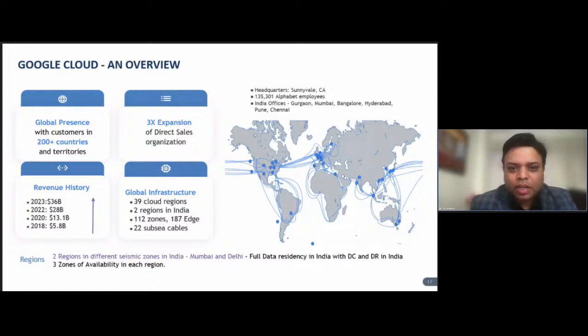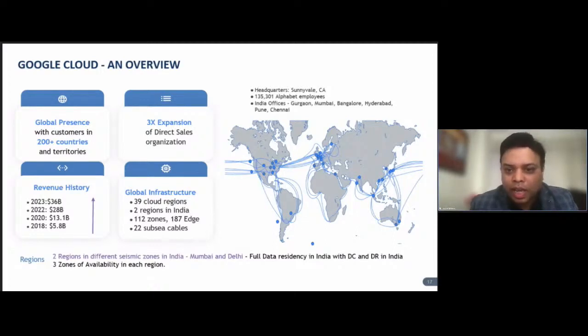Let me quickly dive into the SAP world and how Google is playing its part in terms of hosting SAP as a workload. Just to give you a quick overview about Google Cloud. Google Cloud is nothing but the infrastructure and backbone which Google laid out for its own properties, consumer applications like YouTube or Google Maps, right?